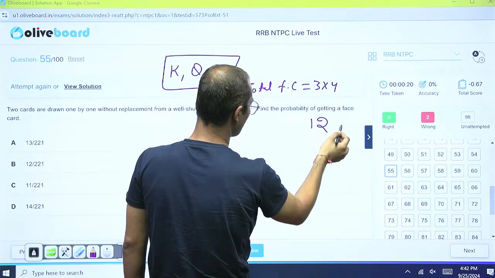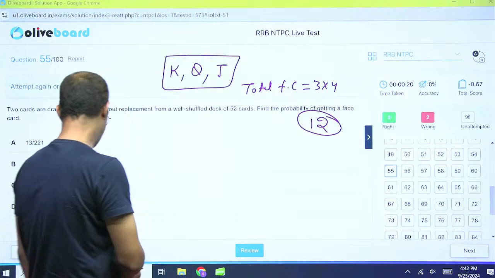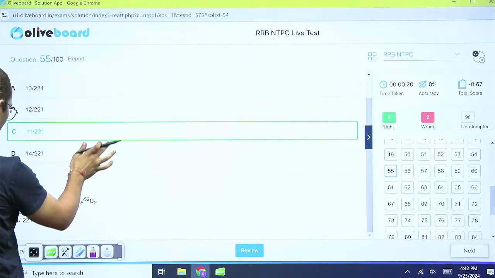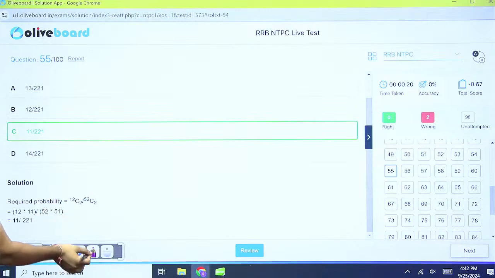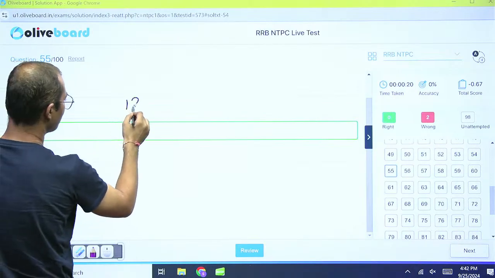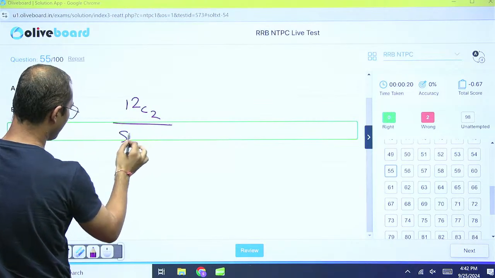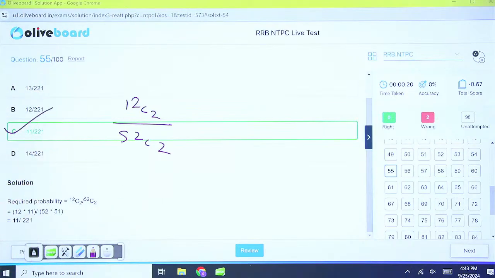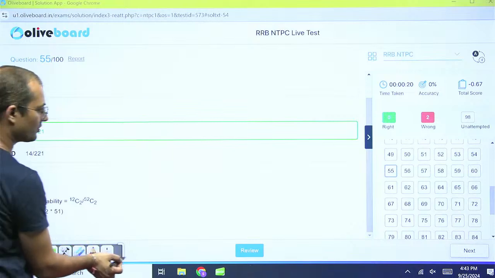So we have in total 12 face cards, right? See the solution part. So we have to calculate 12C2 divided by 52C2. So the answer would be equal to 11 by 221, right? So moving to the next question.